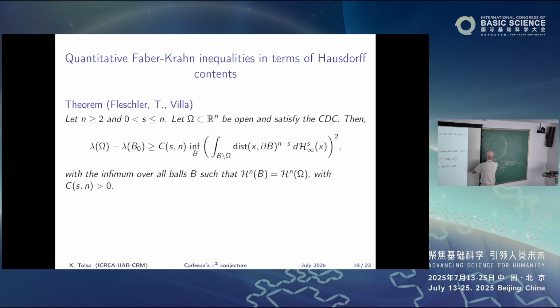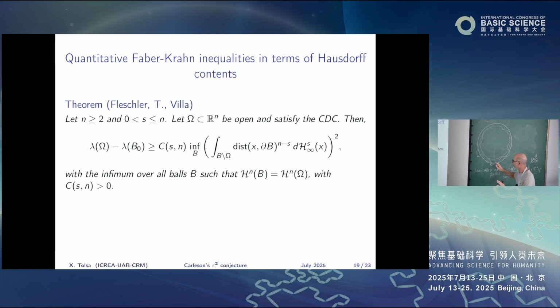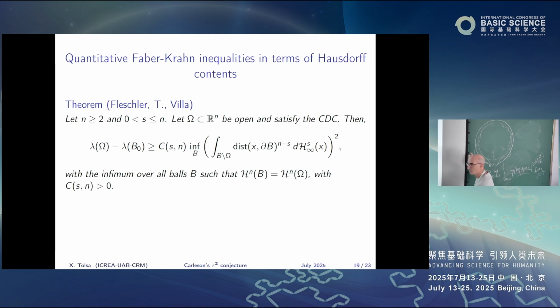So we take capacities and then we show this. There is a factor, I remember, involving the distance to the boundary. Because the closer we are to the boundary, to some power, the smaller is the perturbation. Why?